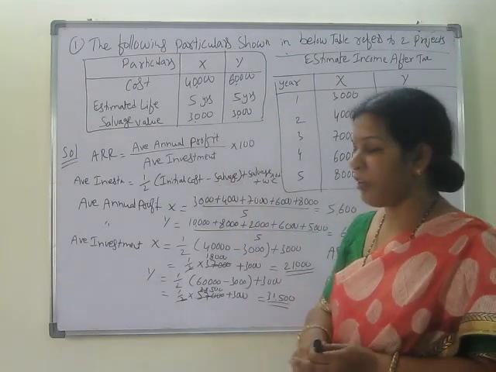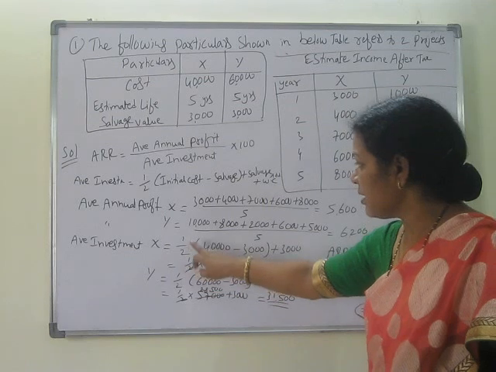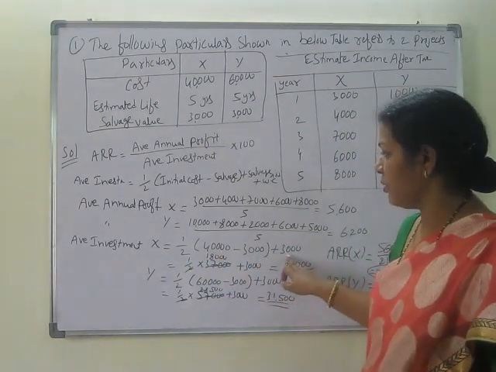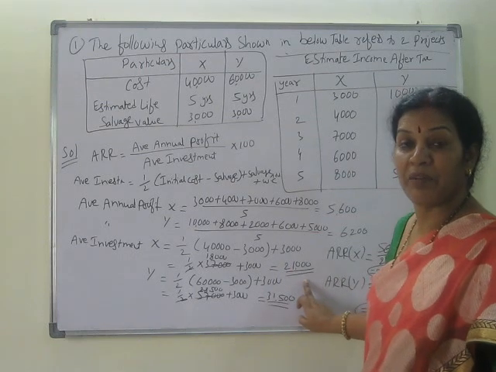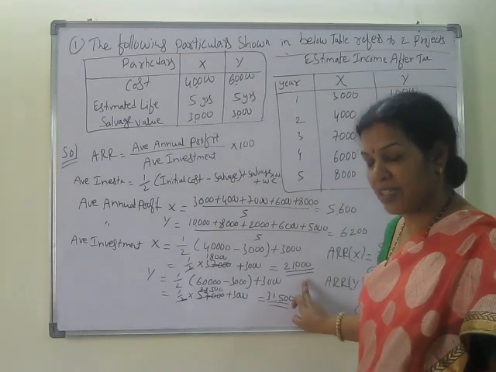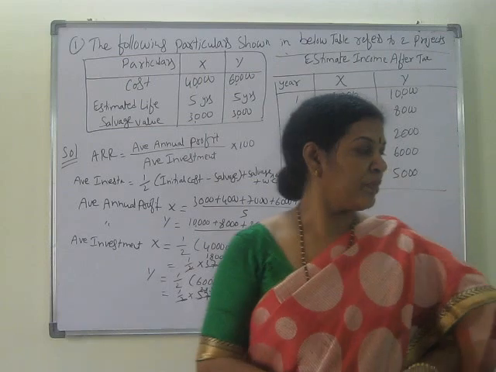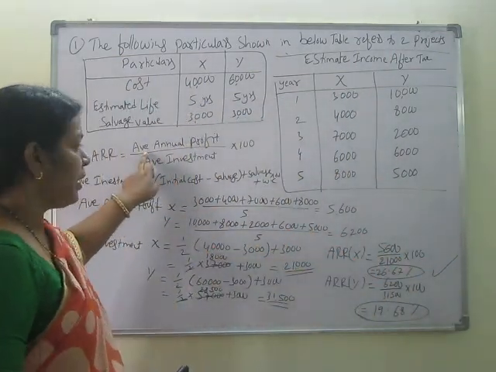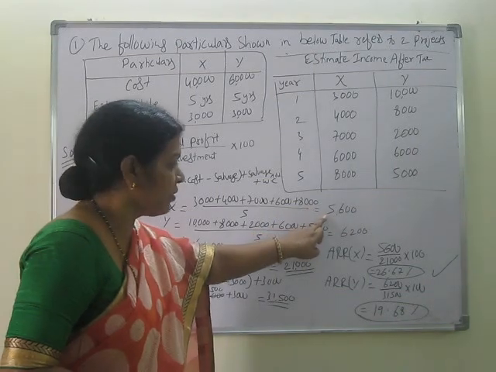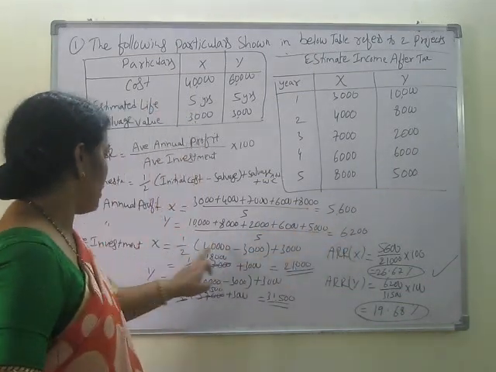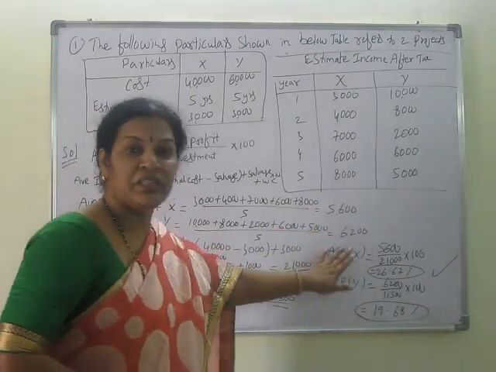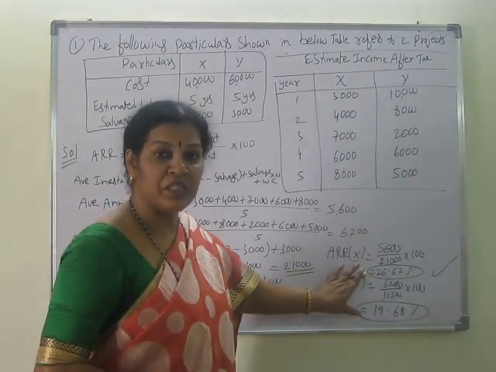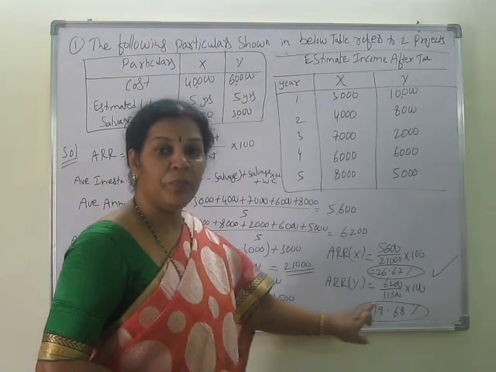That we have applied for project X, and we got the average investment for project X. In the same way for project Y. Applying the formula, ARR is equal to annual profit divided by average investment, the same way for project Y also. So we got ARR percentages of 26.67 and 19.68.